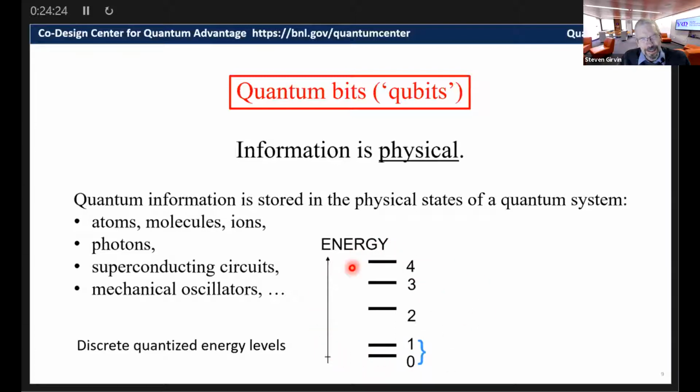All atoms and similar objects have quantized energy levels. And if you have access to the 2 lowest, if you can shine microwaves or a laser on an atom and cause transitions between these 2 states, then you've got yourself a quantum bit that you can flip and so forth.